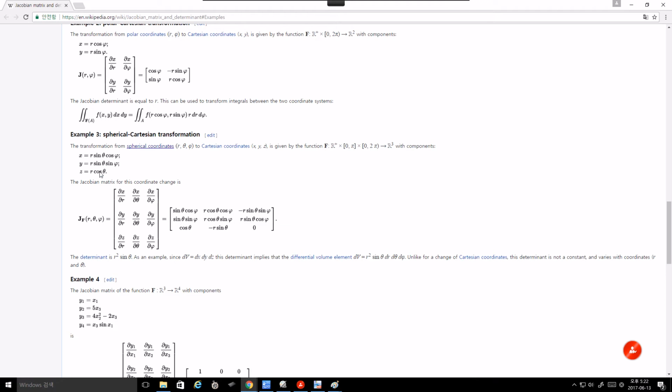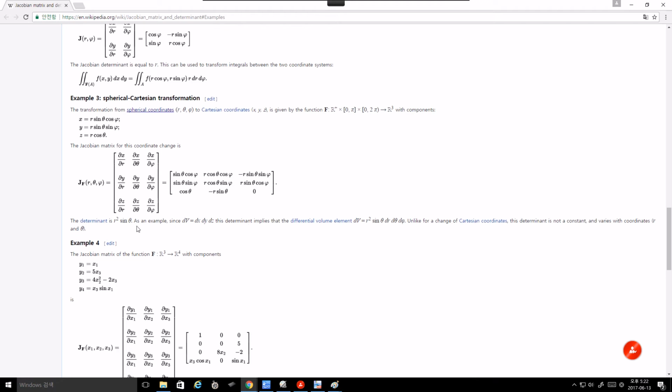And then for the last column we take the derivative with respect to phi, and the third entry is of course 0 because there is no phi in it, and then minus sine, and plus cosine. So we have this matrix. The determinant of this matrix is r squared sine theta.